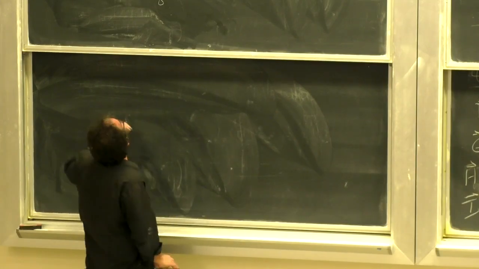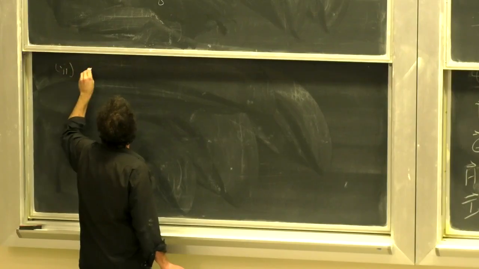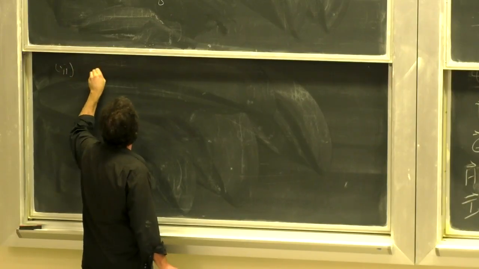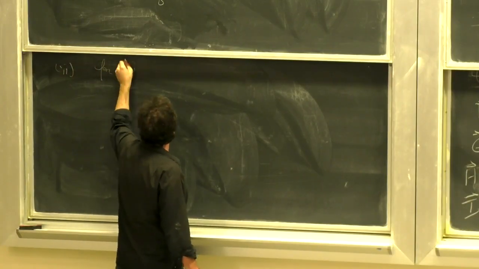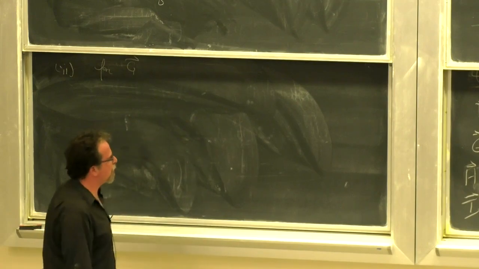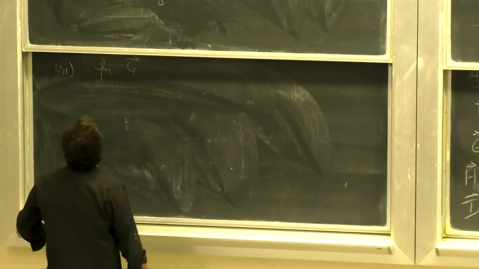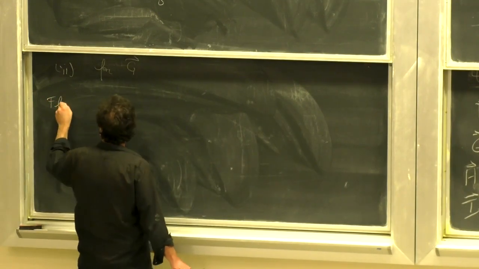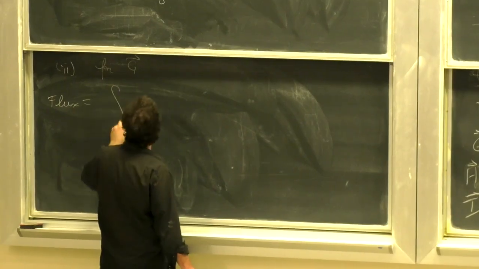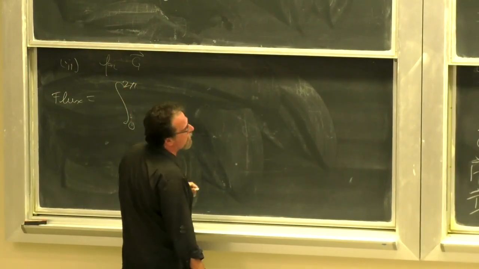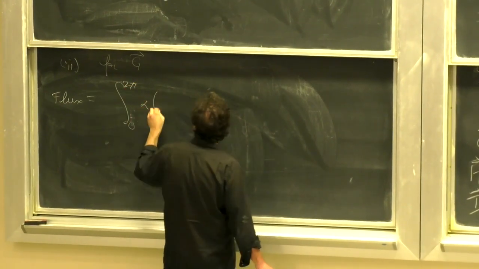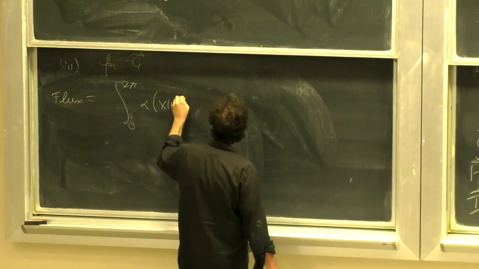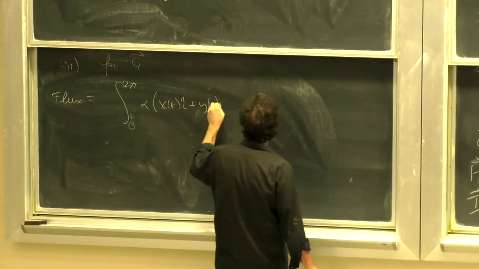Okay, that was F. Let's go with G. Example 2 for G. Well, the flux equals the integral from 0 to 2 pi, and I'm going to write this out first. Alpha x of t i hat plus y of t j hat.